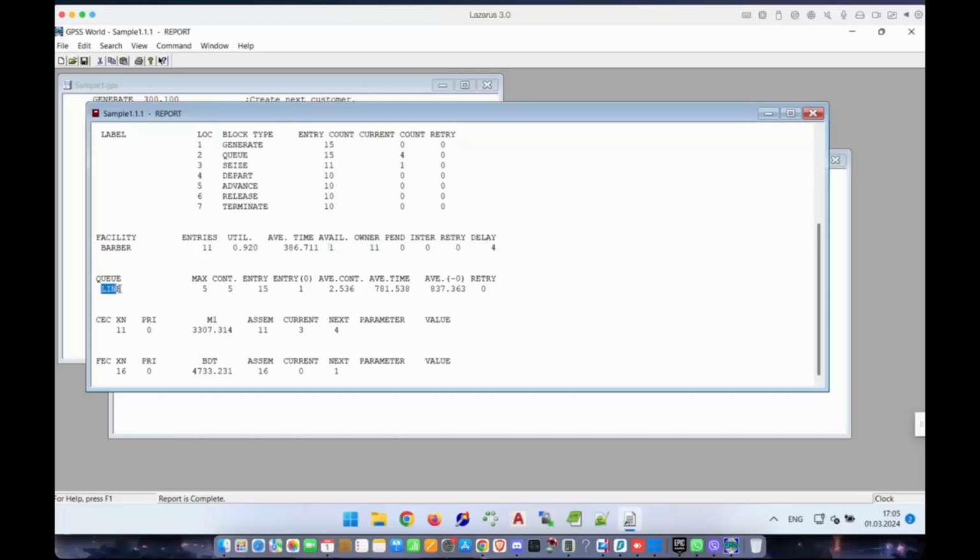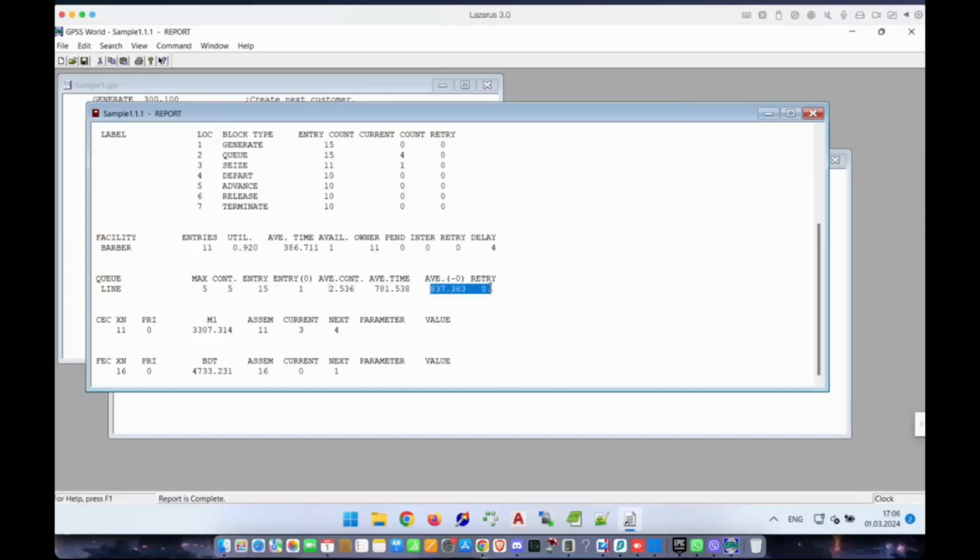Next, we have the small report about the line. The maximal amount of transacts simultaneously appearing in the line, the amount of transacts at the moment when the simulation was stopped, the amount of transacts that appeared in the line, the average amount of transacts for one time unit, and the average time for a transact to be in this line.